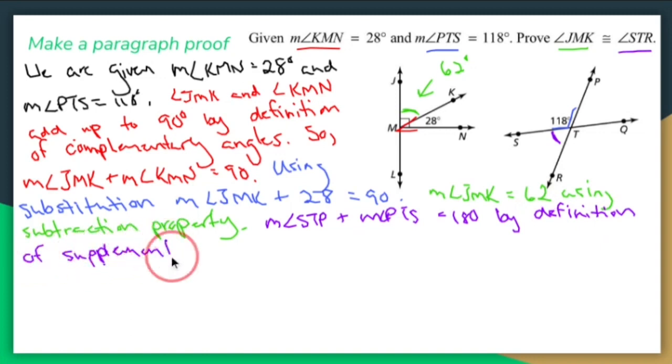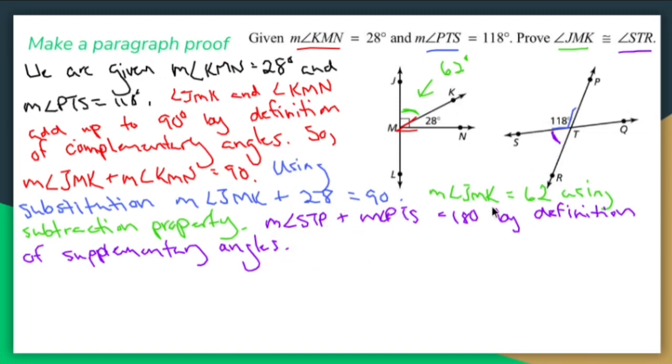See, these guys add up to make 180. And I'm hoping by doing 180 minus 118, I get 62. I do. And if I get 62, then I can show that these guys are the same.